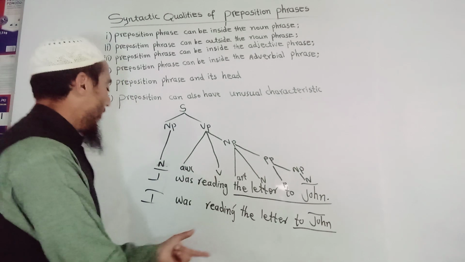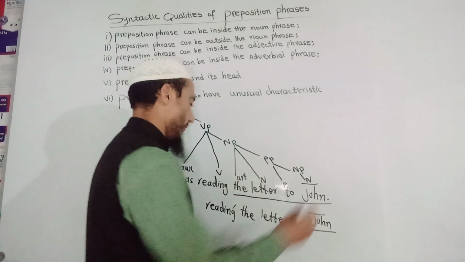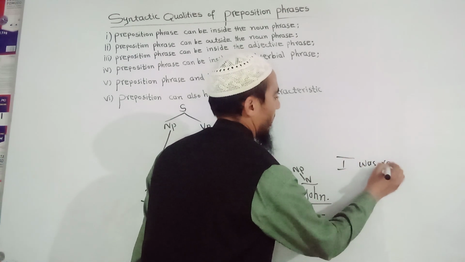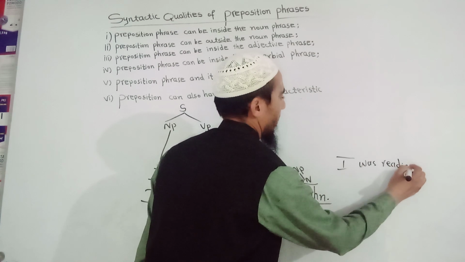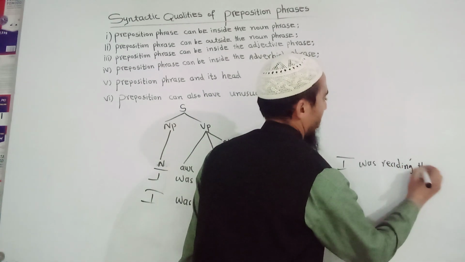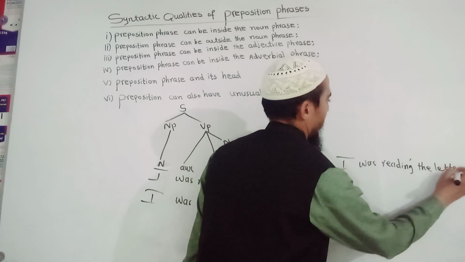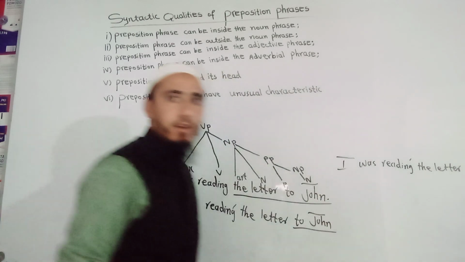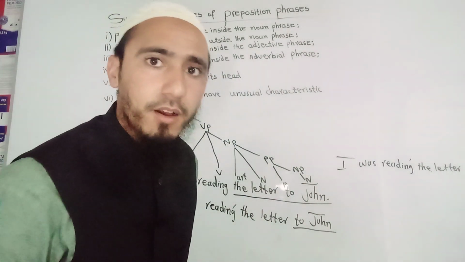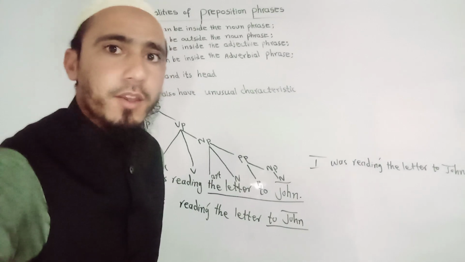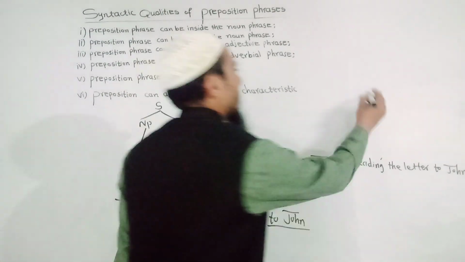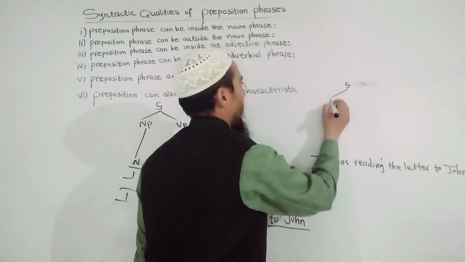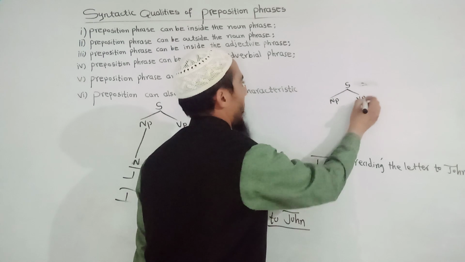Let me draw another diagram for it, a tree structure. I was reading the letter to John. Okay, listeners, you see in this example, here we have a sentence, S, NP and VP.